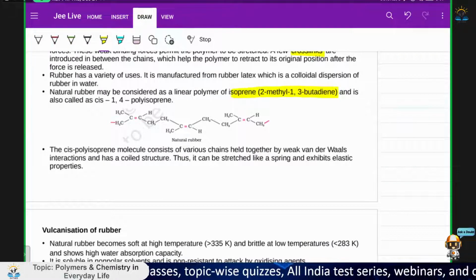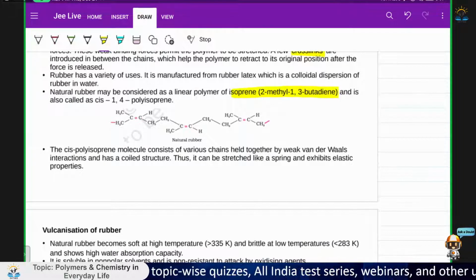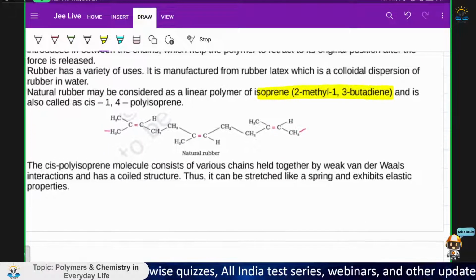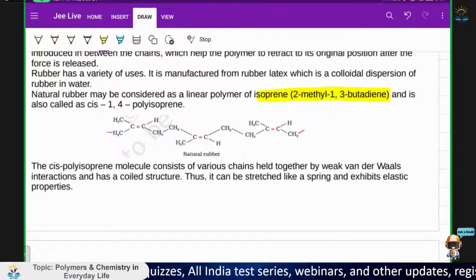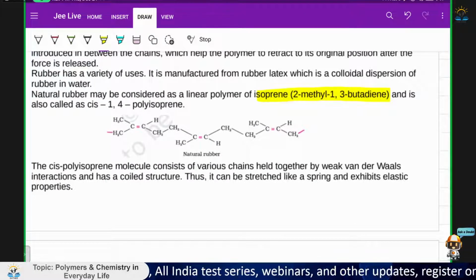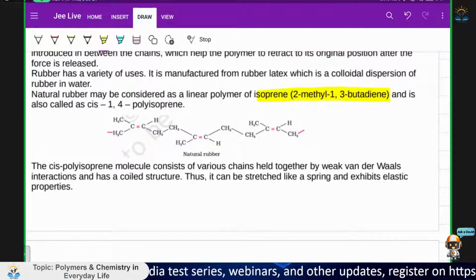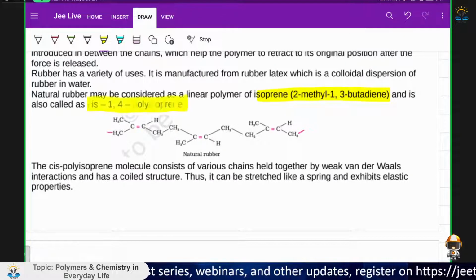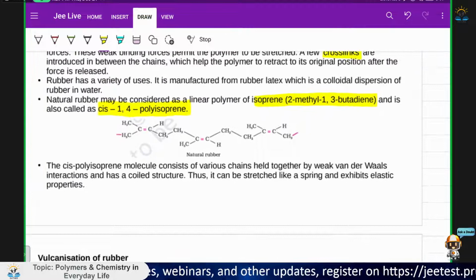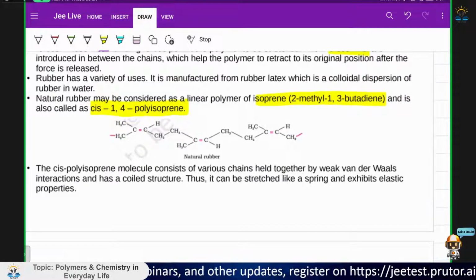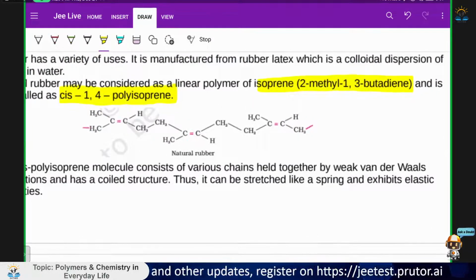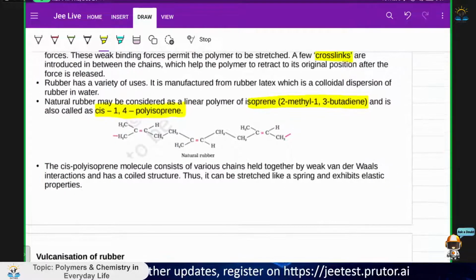So when we polymerize 2-methyl-1,3-butadiene, we get natural rubber. So the polymer of natural rubber is what? cis-1,4-polyisoprene. So it's a cis isomer which becomes the monomer unit for natural rubber.